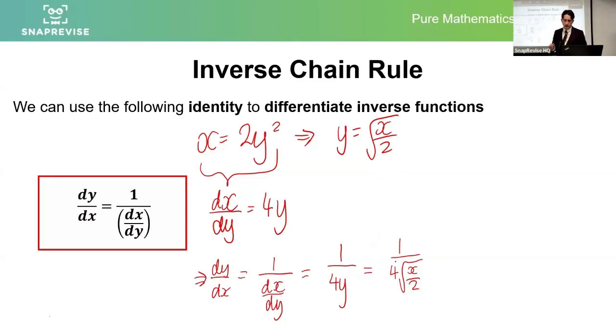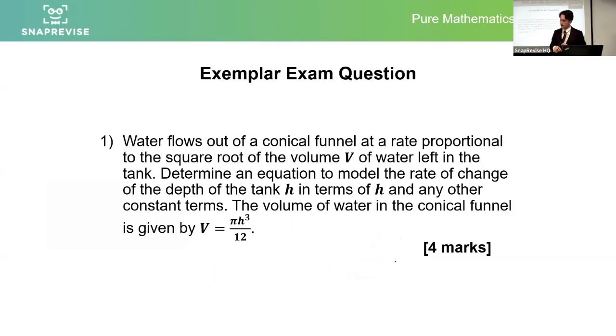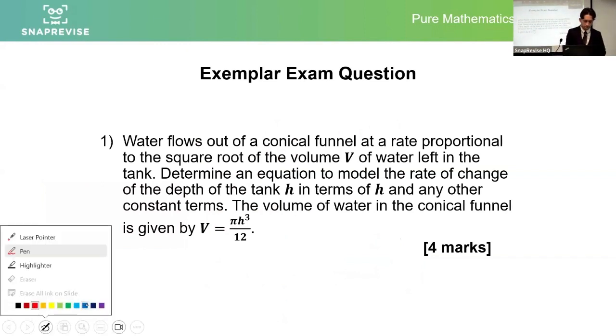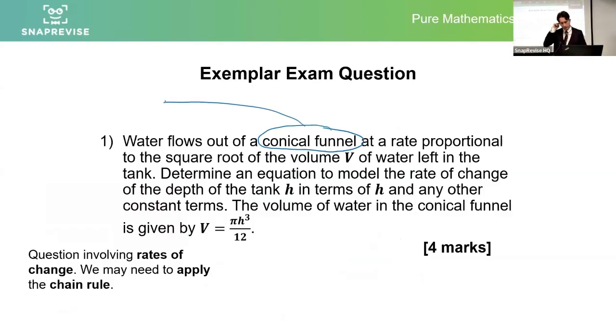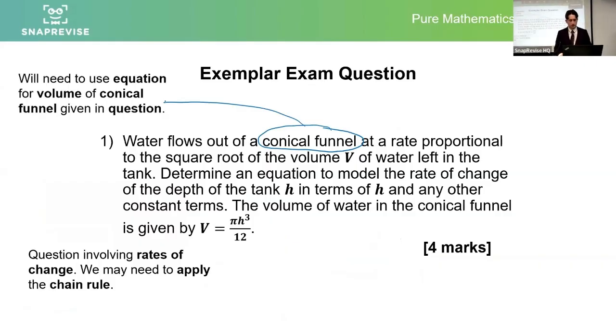What we'll do is this bigger question now together. So let's look at the key bits here. We've got a conical funnel. The shape is important, especially with these formulae, because the question involves rates of change. So we're probably going to use the chain rule.